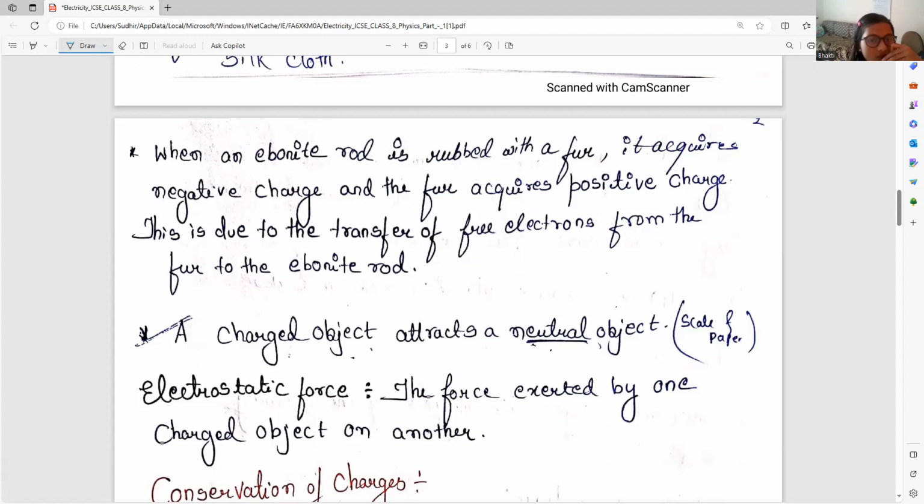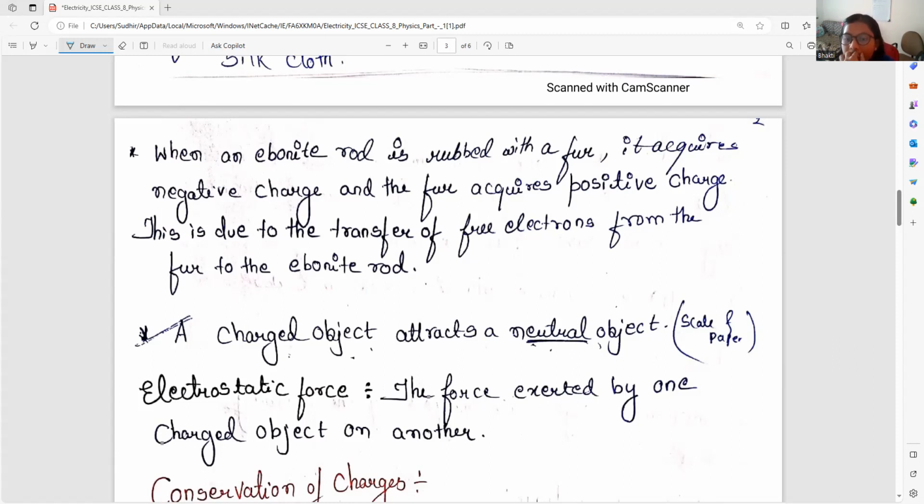Now I will search for the ebonite rod. So this is the ebonite rod. It is like something metallic, and it's heavy as well. Again, here one example is given.